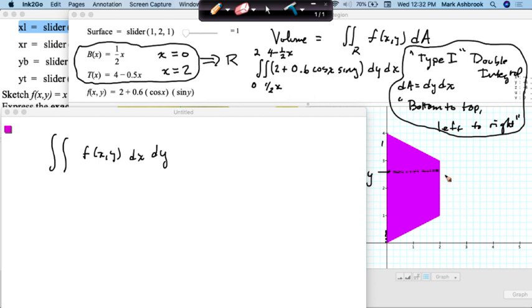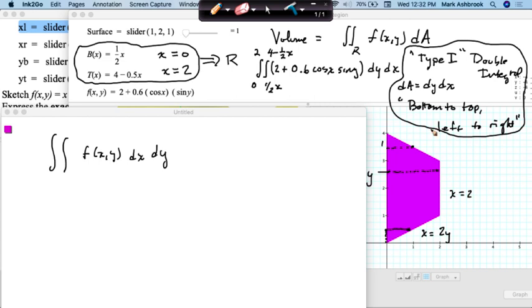Yeah, so do you see this right-hand side is not always going to be x equals 2. Down here, if you choose your y down here, you get a different right-hand side. Same with up here. In fact, there's 3 different right-hand sides. So this is x equals 2y, and x equals 2.